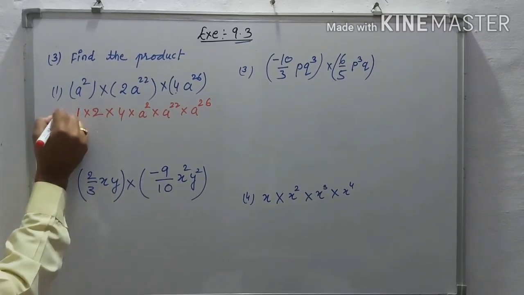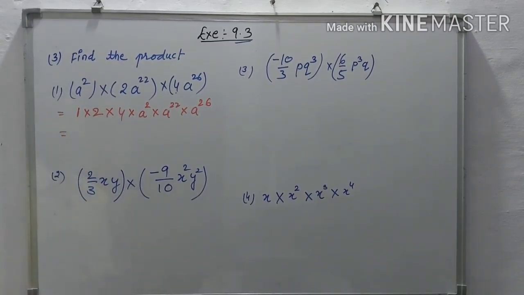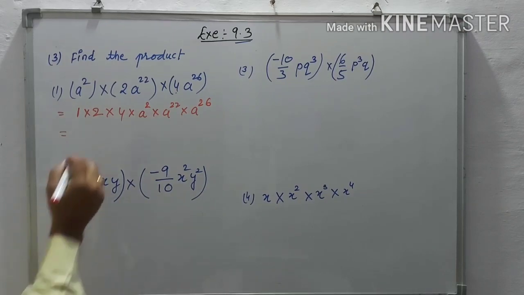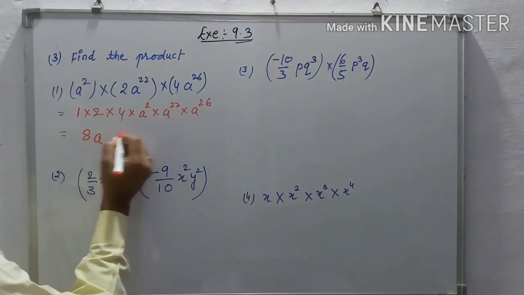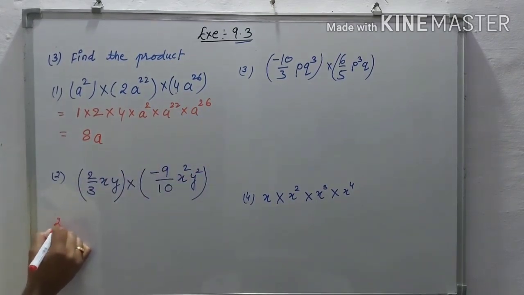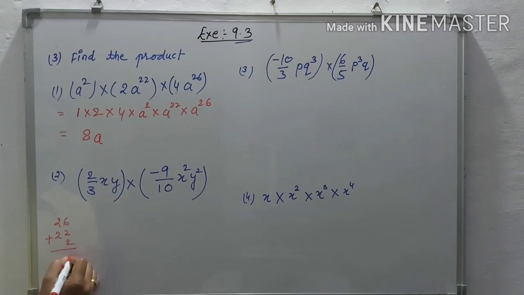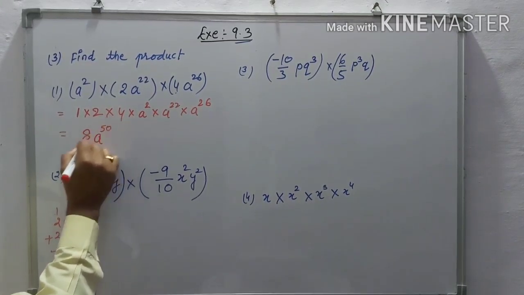First we write all the constants and second step we write all the variables. For the 4 times 2 is 8, and the a powers 26, 22 and 2, we add, is 50, so a power is 50.